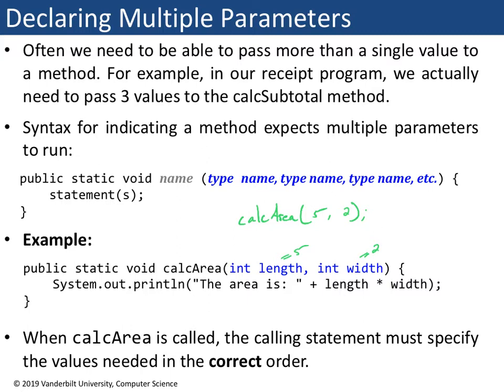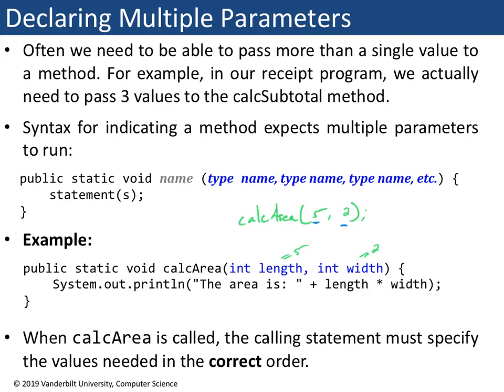So we are defining the value of length and defining the value of width in the call here and here. If I were to swap those up and I were to instead accidentally pass the 2 first, so I would be thinking that the order of parameters was width then length, then the effect would be that inside the method, the length would take on the value 2 and the width would take on the value 5.